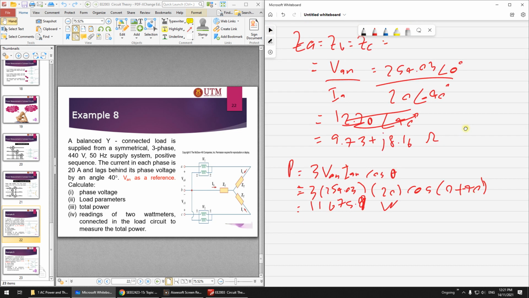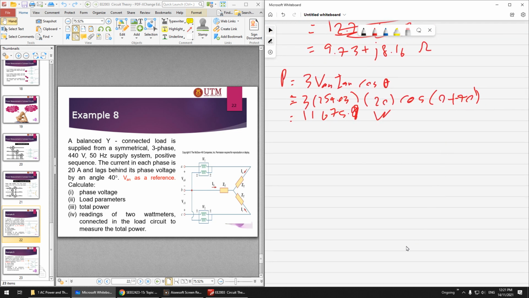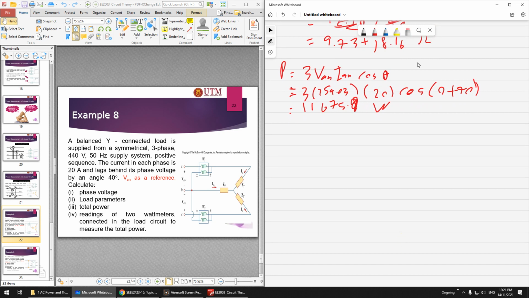So let me adjust this. If you use 2 wattmeter method, it should have the same answer as this.